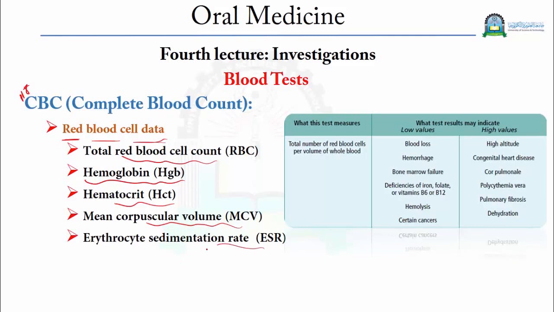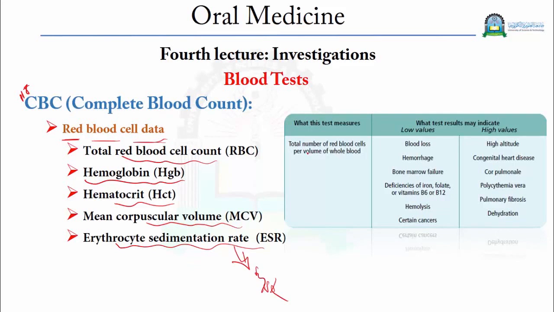Also the erythrocyte sedimentation rate, which is a test associated with inflammation or infection, cancer, autoimmune diseases. It is a non-specific test, but also an important test to provide us with information about the systemic condition of your patient.